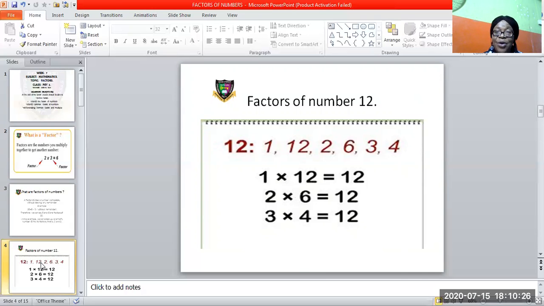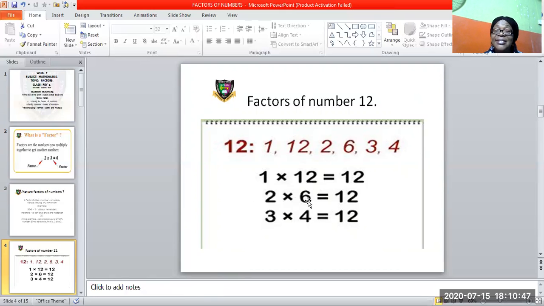And what do we have? We have 1 times 12, 2 times 6, 3 times 4. All these numbers can be multiplied to give us number 12.